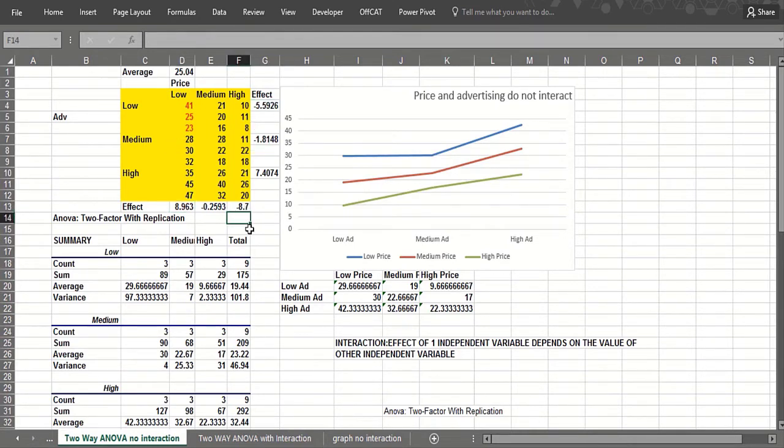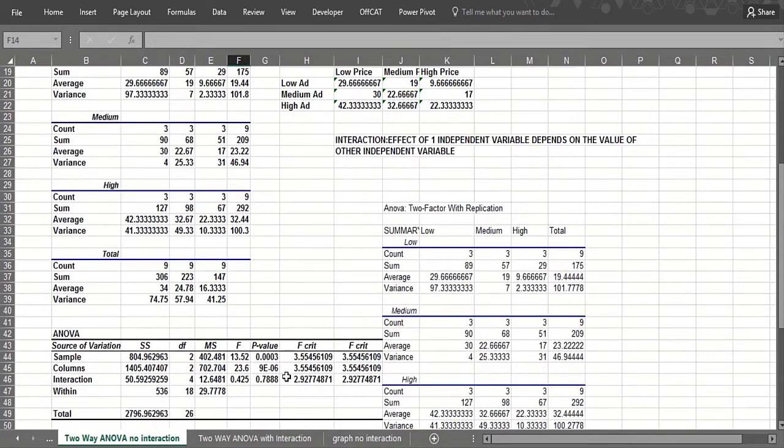Now the question is, is there an interaction? The first thing you do is look at the p-value for interactions, and it's greater than 0.05. We have a 0.79 p-value. Remember, a low p-value, let's say less than 0.05, is significant. For interactions, it's not significant. So that means the effect of price on sales doesn't depend on advertising, and the effect of advertising on sales doesn't depend on price.